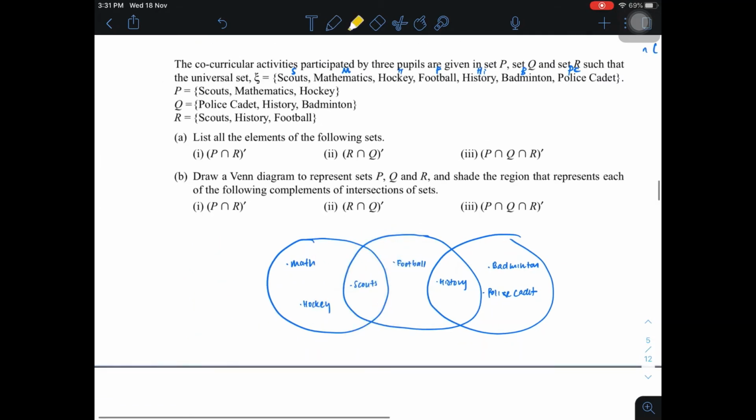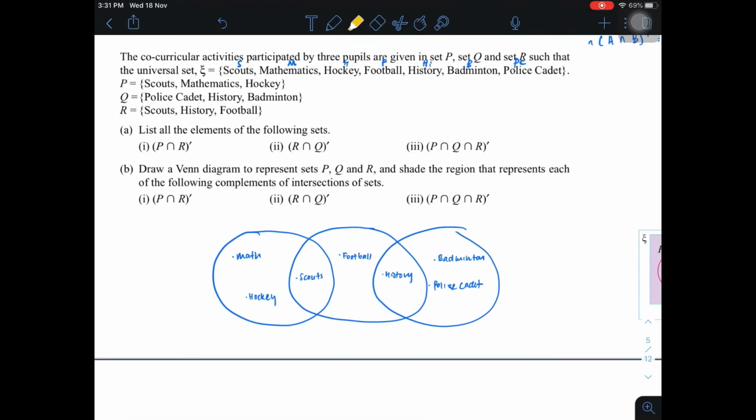Okay, so right now they want us to shade the following. So they want us to find the complements of P intersect R. So we understand that the intersection of P and R is Scouts, so that would be everything except Scouts. So that's for question 1, right?